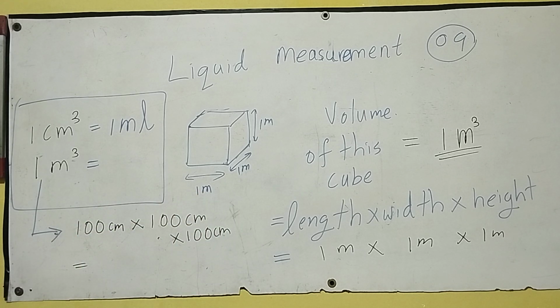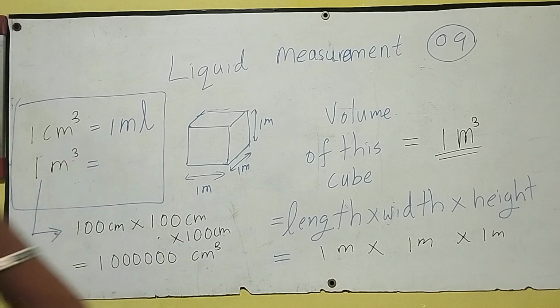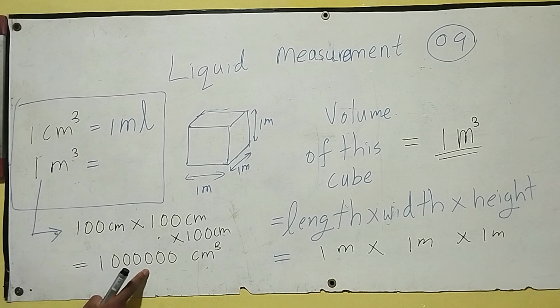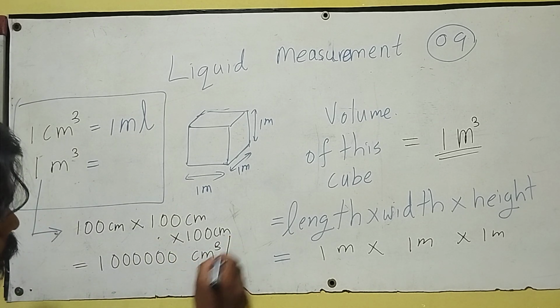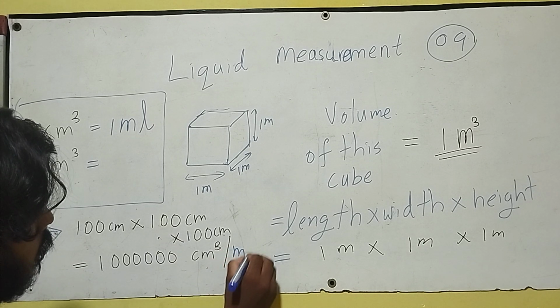From that we can obtain 1,000,000. This is equal to what? Milliliter.